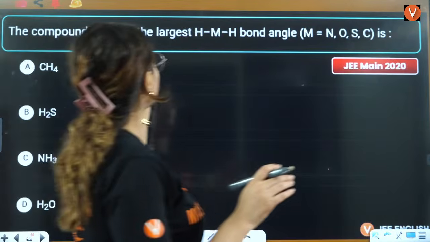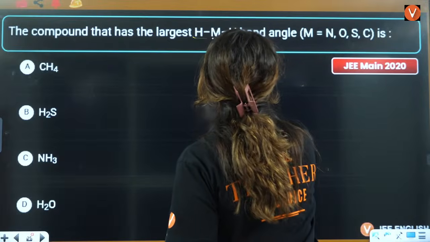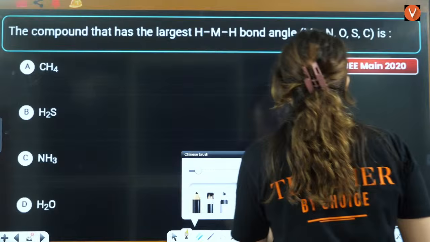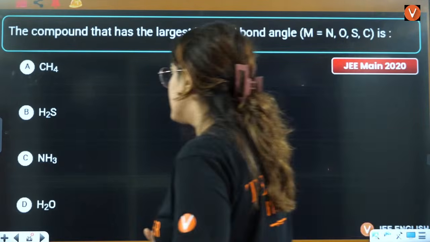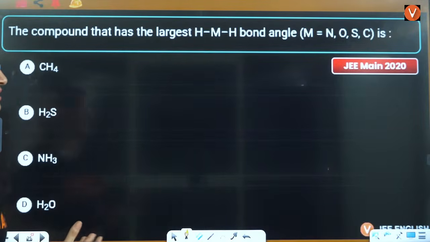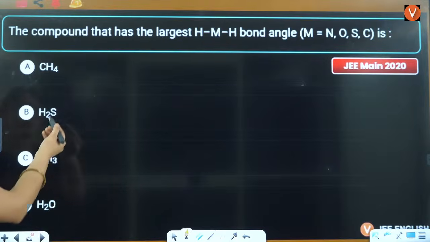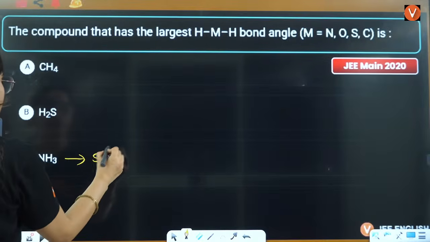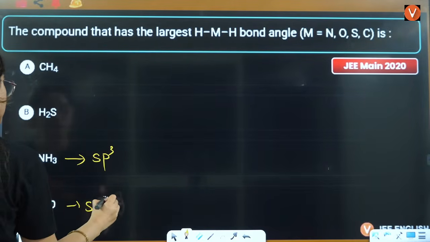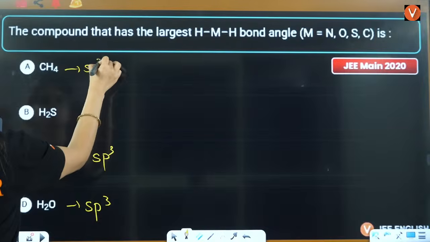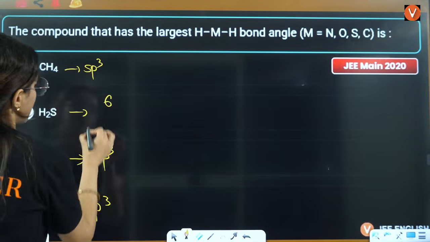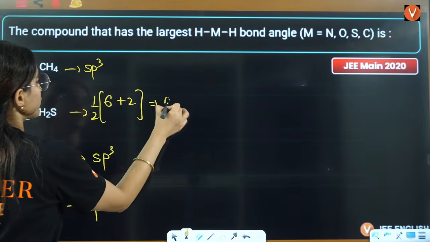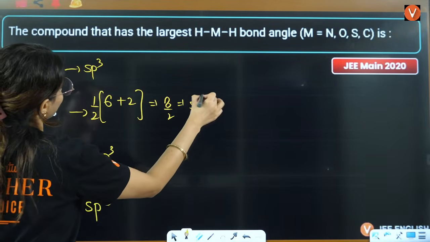So, the compound that has the highest H-M-H bond angle, which one is it going to be? If you see here, what is the hybridization? This one is sp3, this is also sp3, this is also sp3. In case of sulfur, 6 plus 2 monovalent, that is 8 by 2, that is also sp3, right?